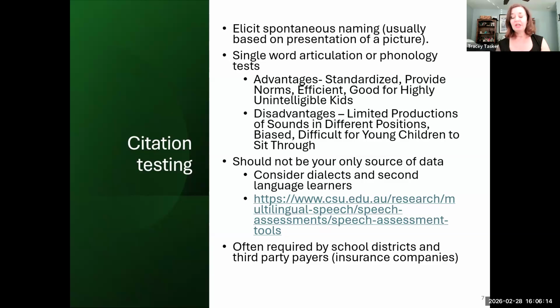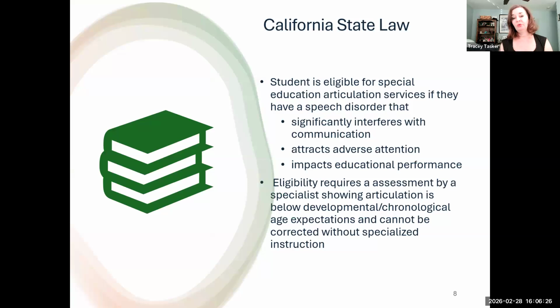And the other advantage, or the reason we use these standardized citation tests, is because it's often required, not just by school districts, but also by insurance companies. Okay, so laws are different in different states.